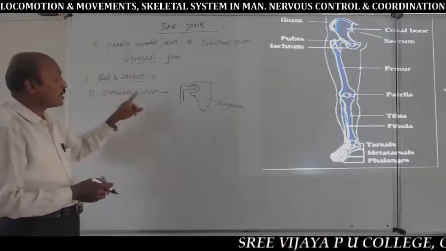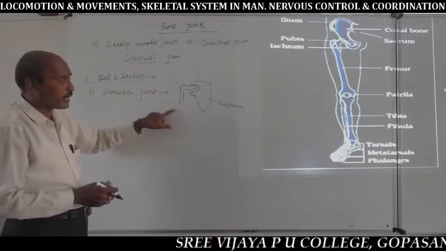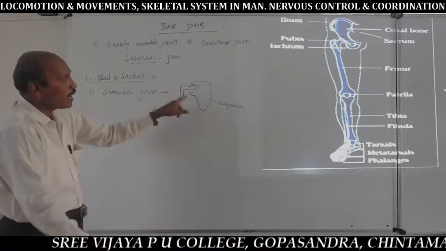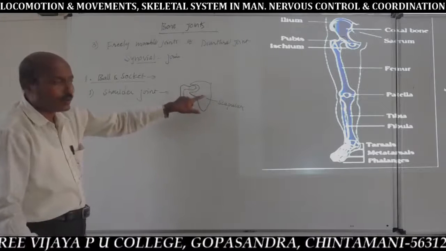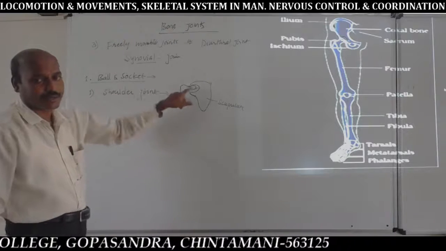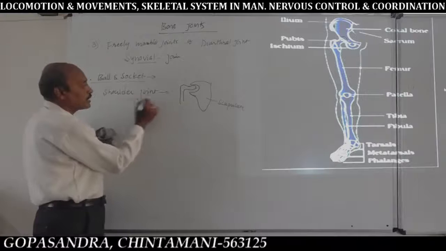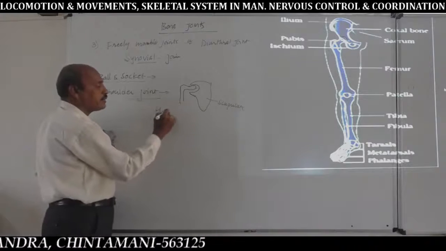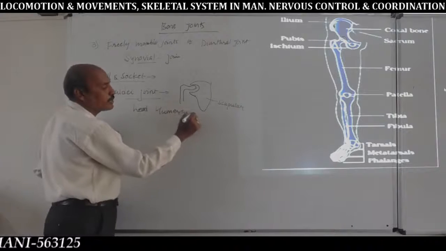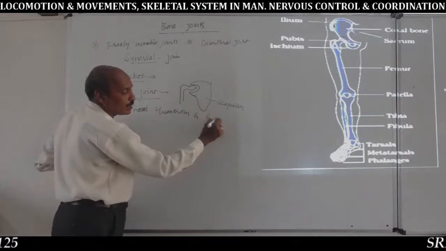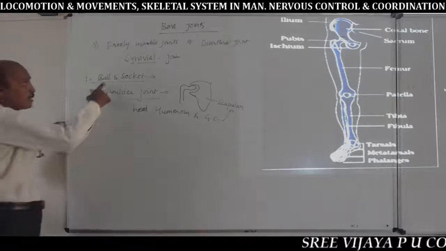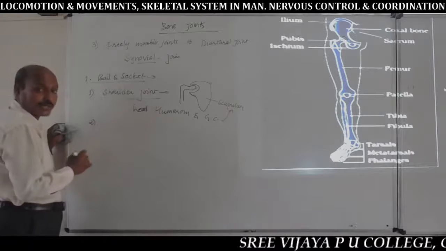So the shoulder joint is formed by the head of the humerus bone and the glenoid cavity of the scapular bone, one type of ball and socket joint.